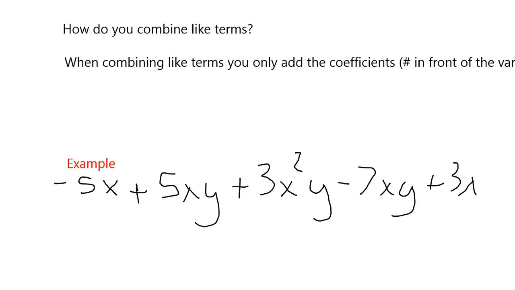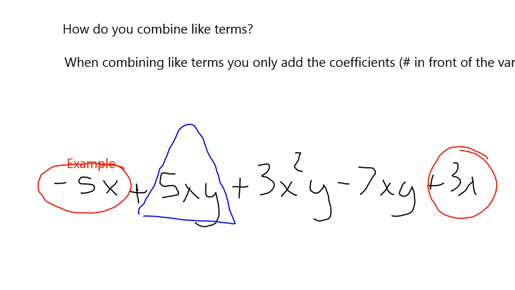I'm first going to determine what's alike. I have an x term right here, and I have an x term right here. I have a 5xy and a negative 7xy. Take the sign that's in front. And lastly, there's one that's by itself.